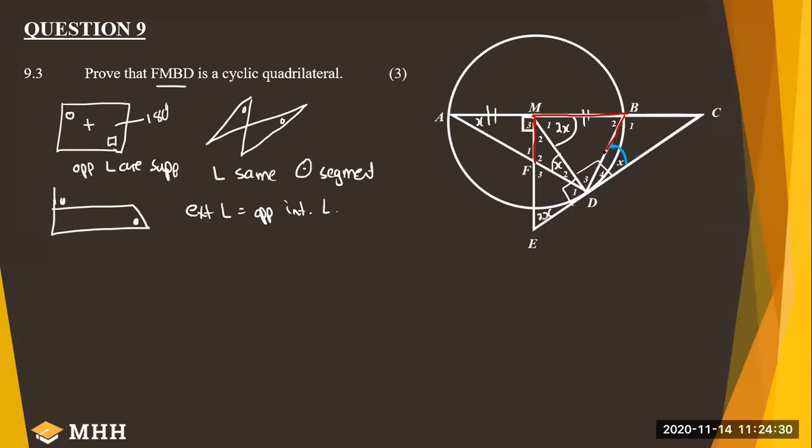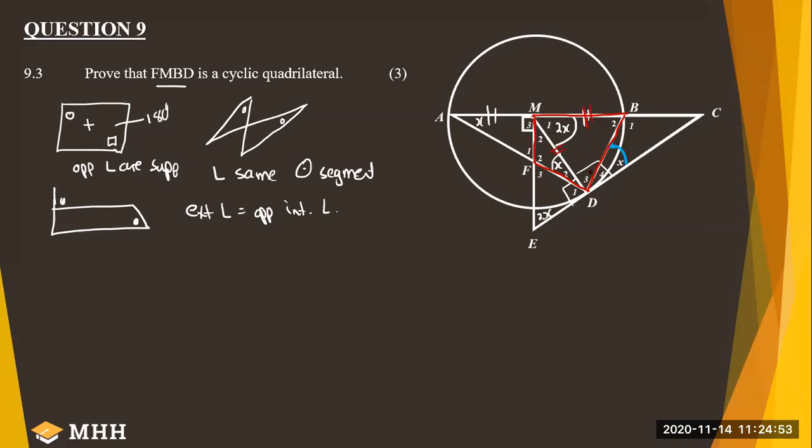And remember this one, radii, so that one and that one are equal as well, right?